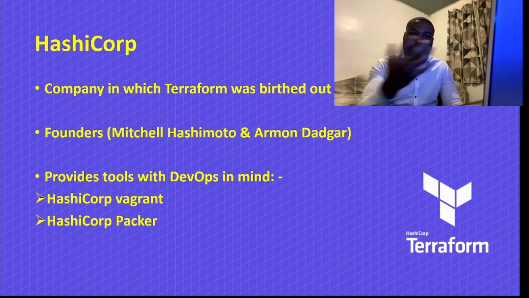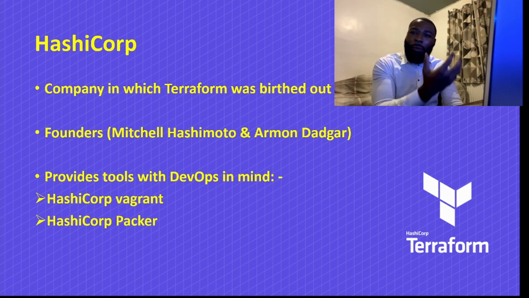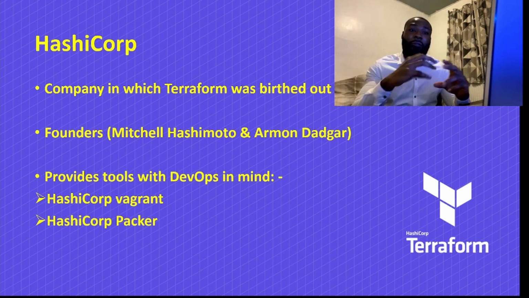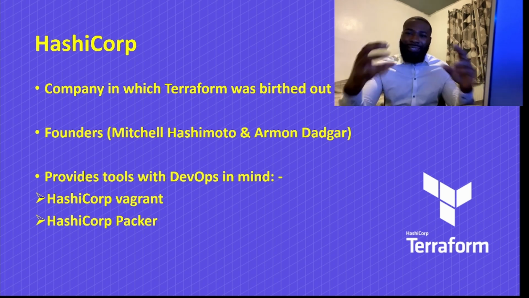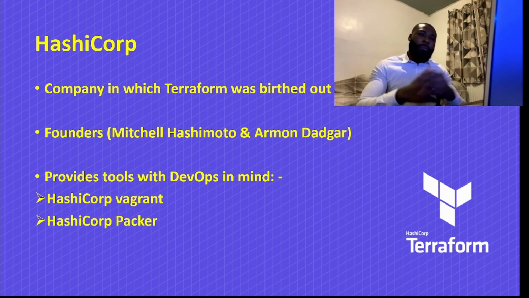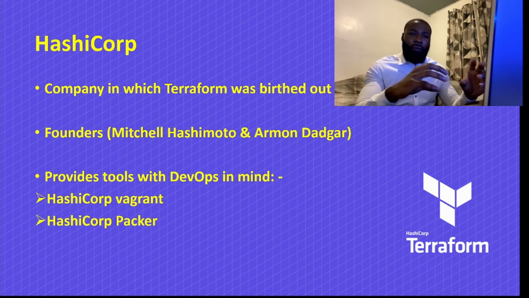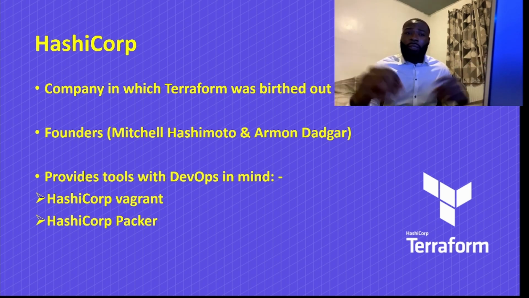In later videos, I'll actually do a demonstration of how to use these tools, but just a little bit of an overview. Vagrant is a tool for building and managing virtual machine environments within a single workflow, whilst Packer is an open source tool for creating identical machine images for multiple platforms, and you can do that from a single source configuration.